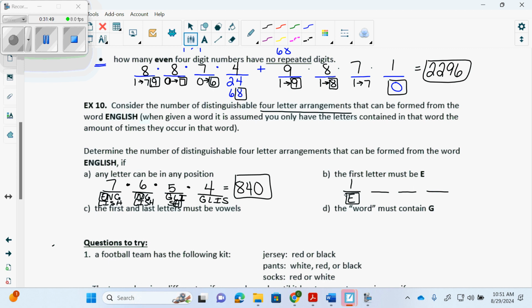Then I have NGLISH, which is 6. Hold the N. Then I have GLISH, which is 5. Hold the G. Then I have LISH, which is 4. Remember to multiply them. And I get 120.